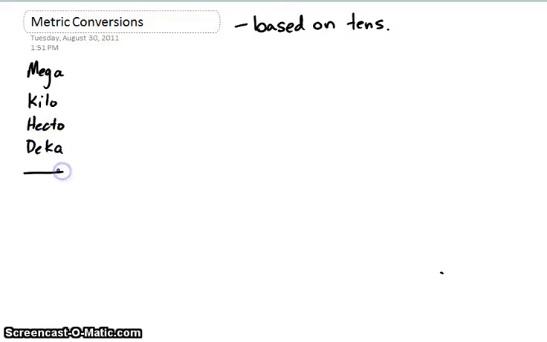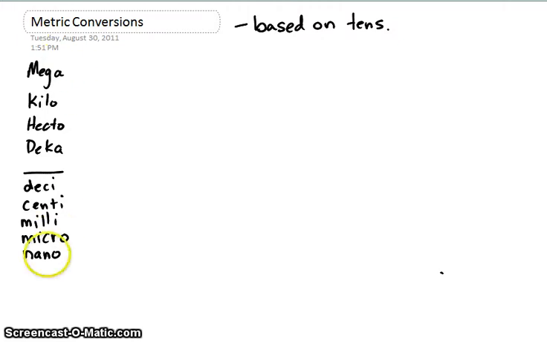This line represents our base unit, no prefix. Then we go to deci, centi, milli. Those are the common ones, but in science we also need micro and nano. It goes on, but these are the ones I require you to memorize.